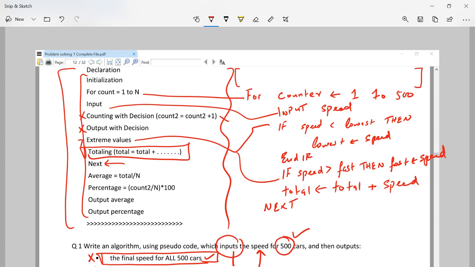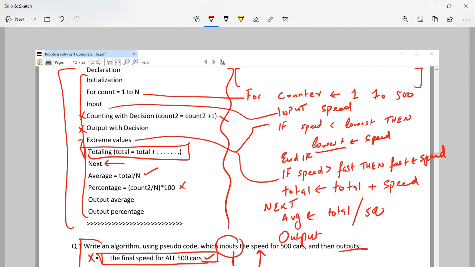Okay, the next thing after that is we need to calculate the percentage. They haven't asked us for the percentage here, so it's not required. Average, yes, they have asked us about the average. The formula of the average is average equals total divided by n. Here n is 500, we already know it. And after that, output, because we need to output slowest, fastest, and average.